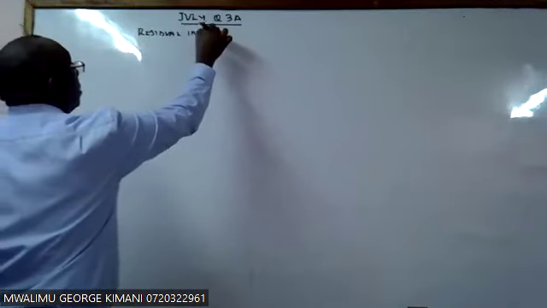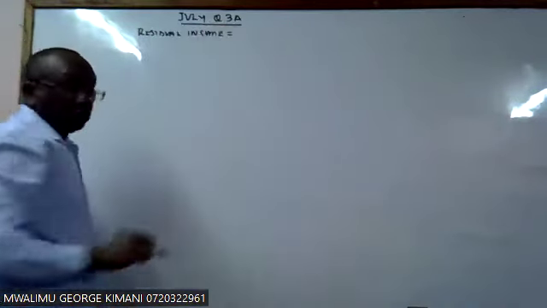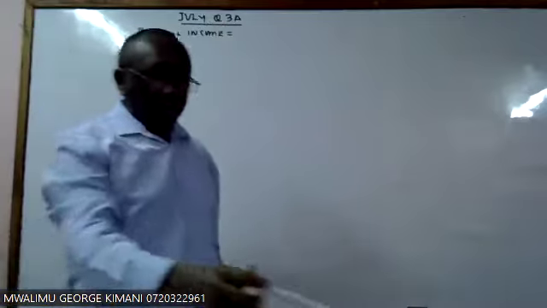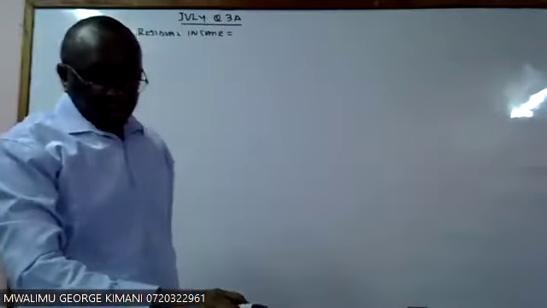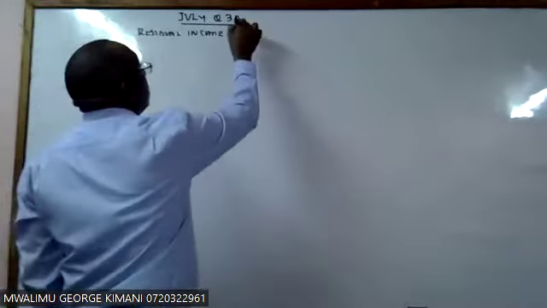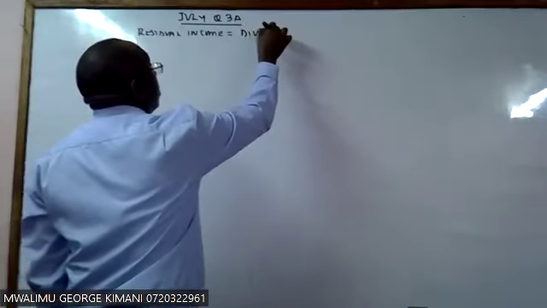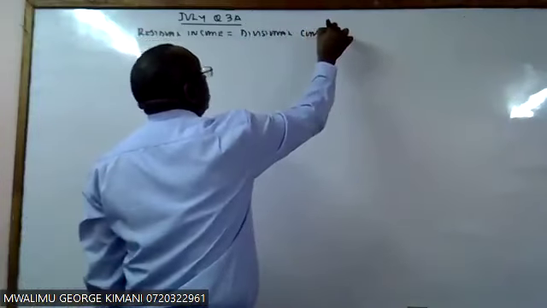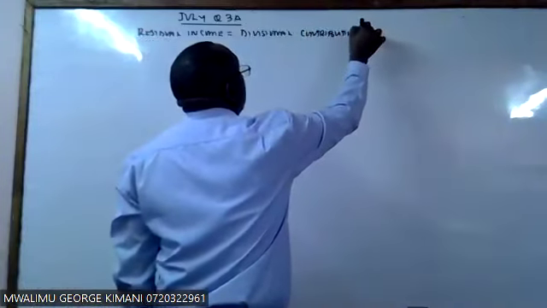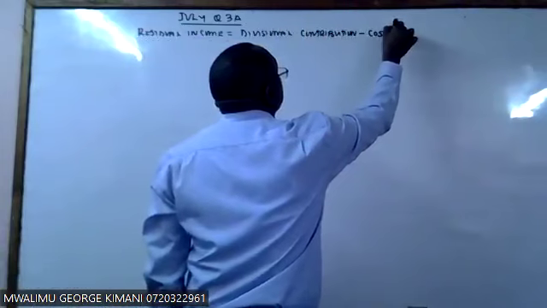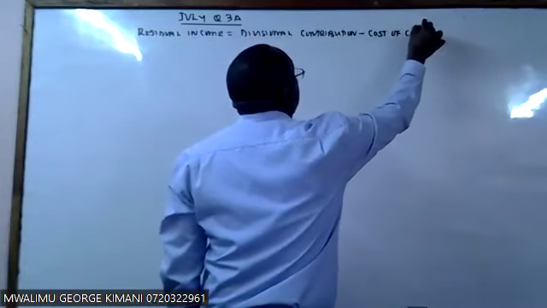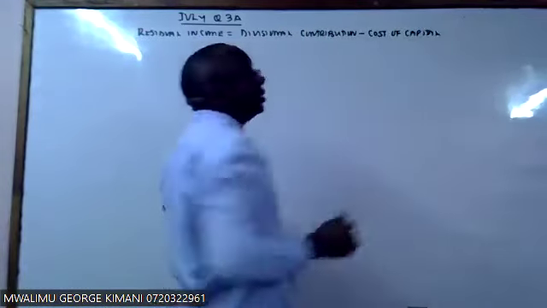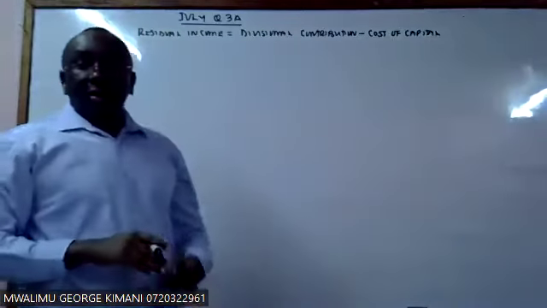Residual income is equal to, by the formula that we already have in our notes, divisional contribution minus the cost of capital. That's the formula.